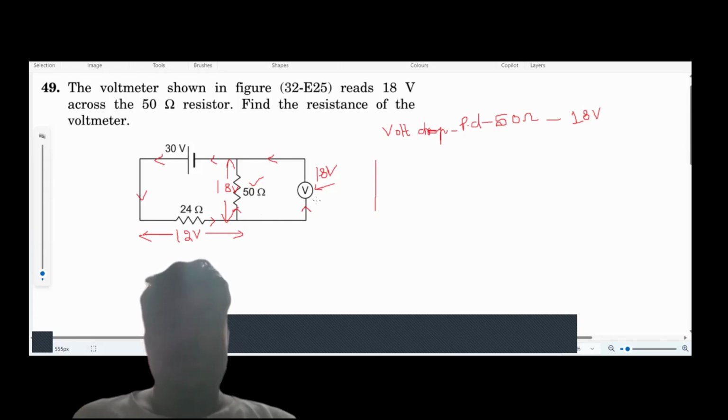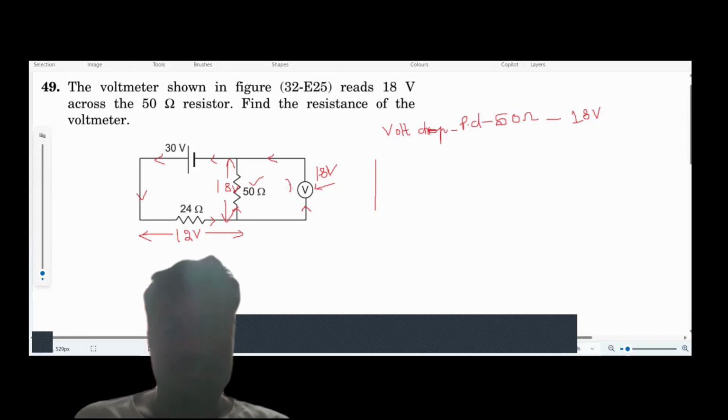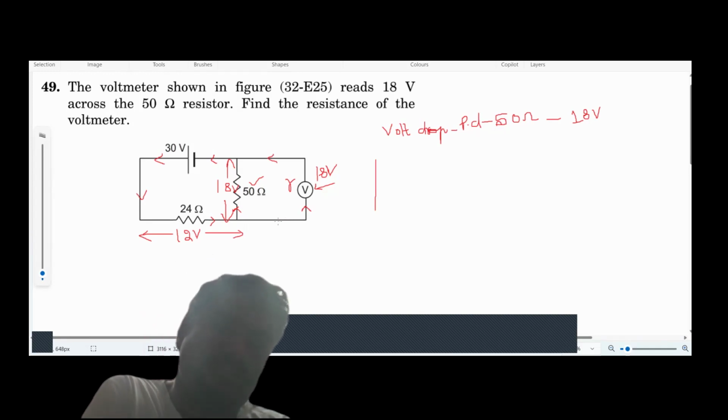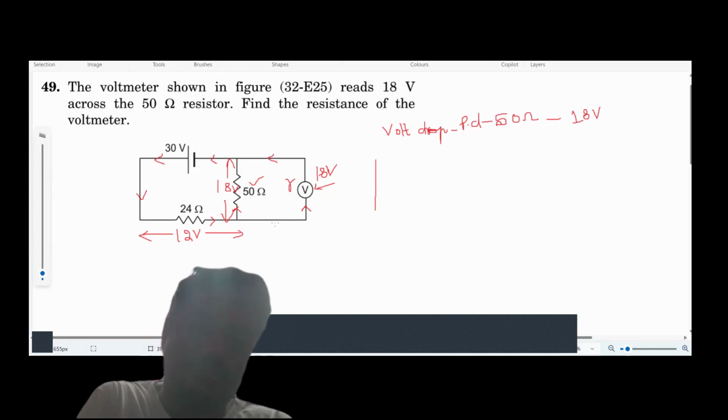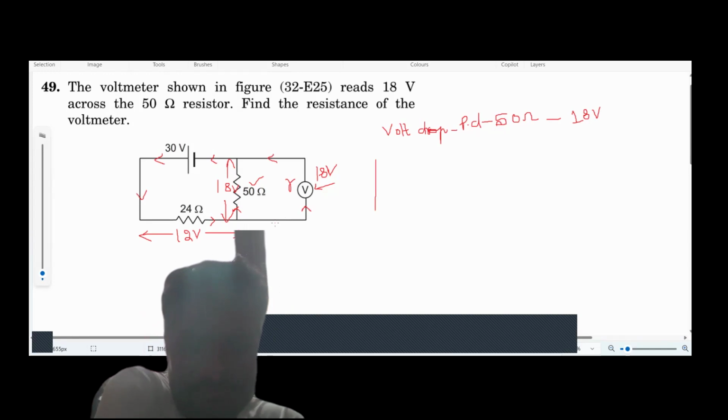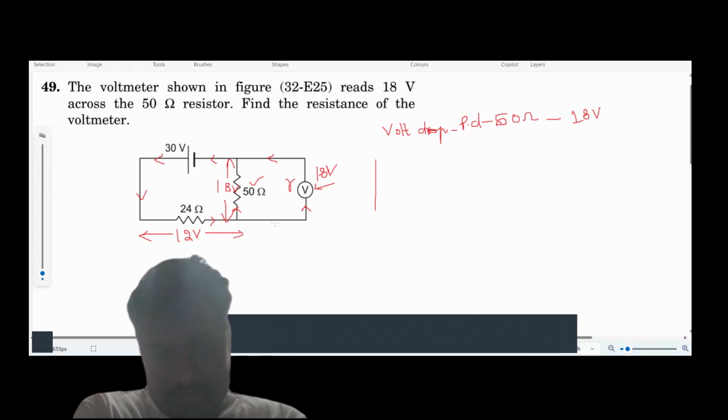So we must take some resistance R for the voltmeter as well, across which you can see a potential difference of 18 volt.